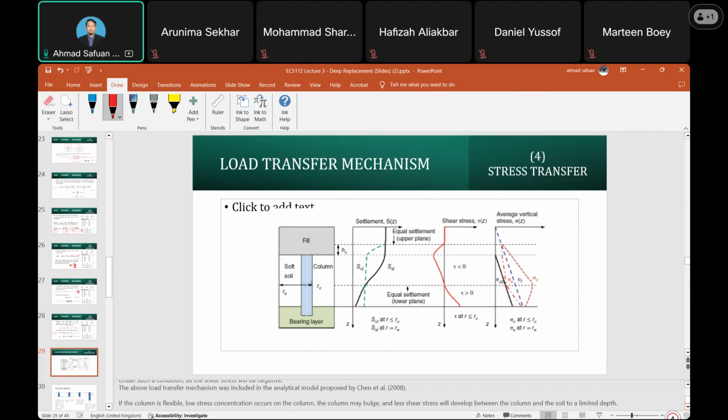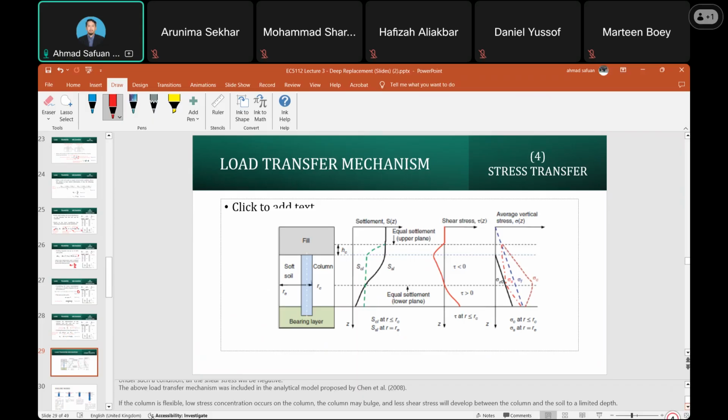It depends on the condition of the thickness of the soft layer, and the strength of the bearing layer as well. As I mentioned before, the stress transfer depends on the soft layer and also on the bearing layer.